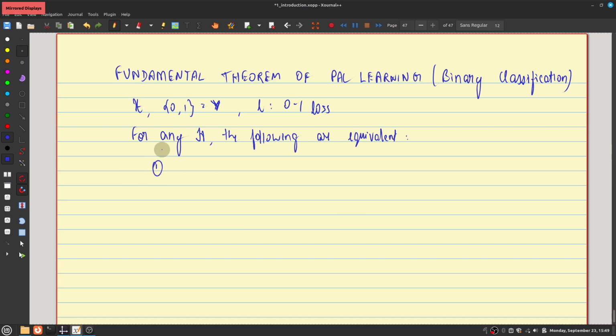The first is that H has the uniform convergence property, which basically says that as long as you have a certain number of samples, all empirical risks are going to be very close to the actual generalization errors.